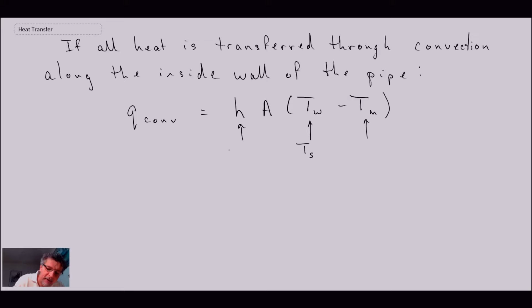We've been finding ways of obtaining this, and quite often we have relationships for Nusselt number for either laminar or turbulent flow, and we can determine the value of h. But the thing that we now need to ask is, how can we handle this temperature difference for different types of problems? If we have a constant wall temperature, for example, how is the bulk temperature going to vary as a function of position along the pipe?